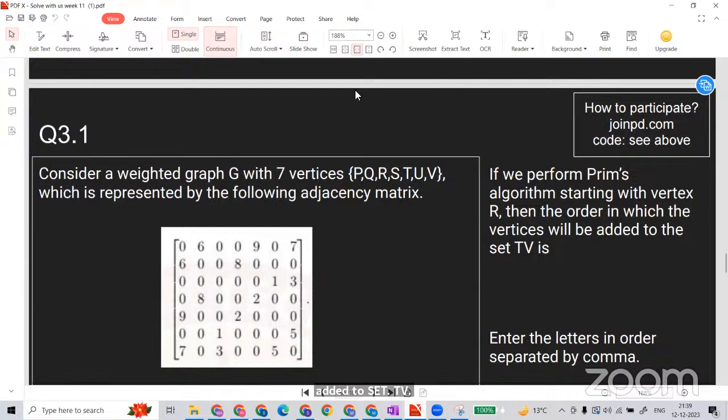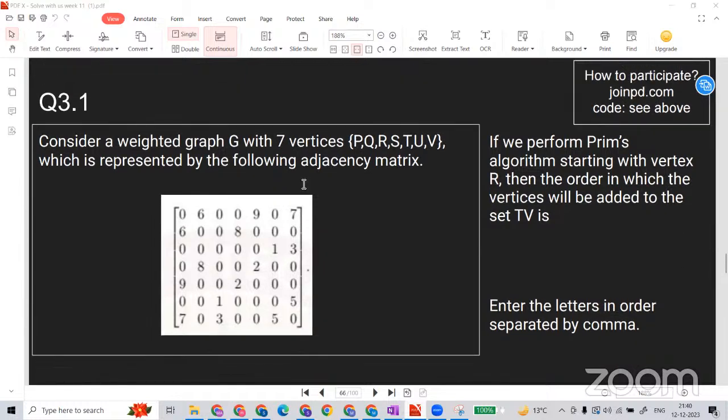So what is going to be here? Here it is given the set TV.